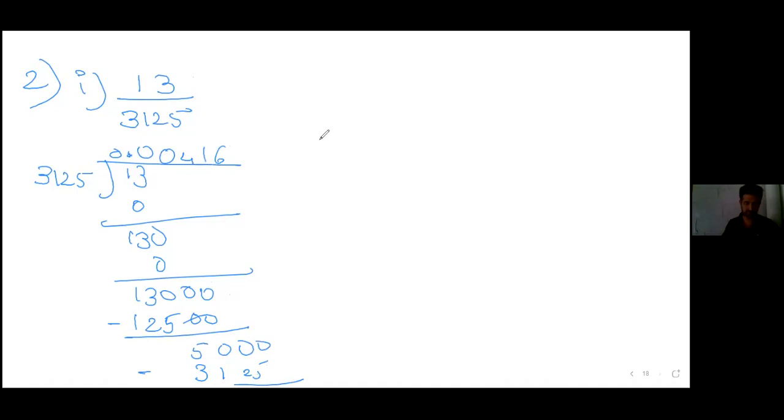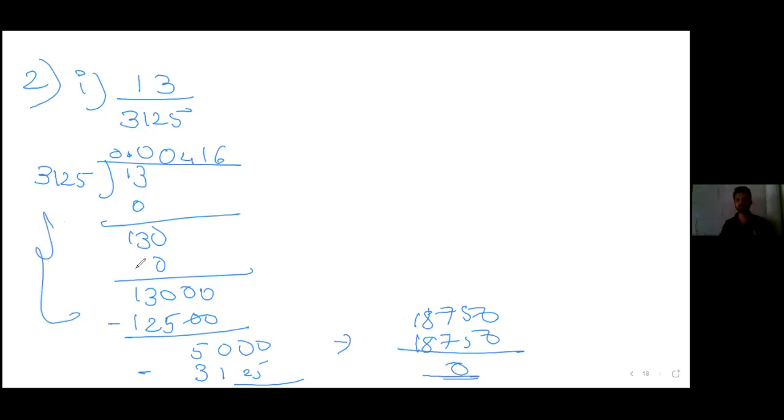I just simplified this, and further we'll get 18750, and finally we get 0 as remainder. You just simplify this, you'll clearly understand. These are very basic things.